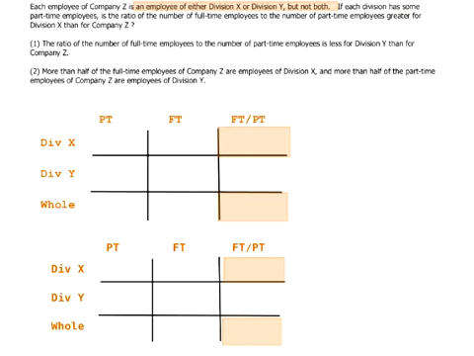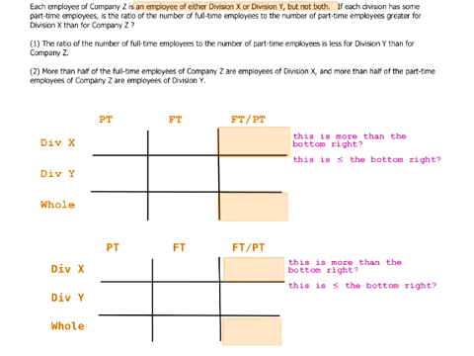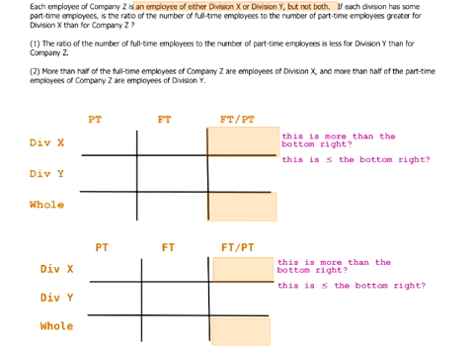This is more than the bottom right would be a yes answer, and this is less than or equal to the bottom right would be the no answer. Same sort of thing. And if we can get both of these to happen, then it's not sufficient. Yeah. All right.